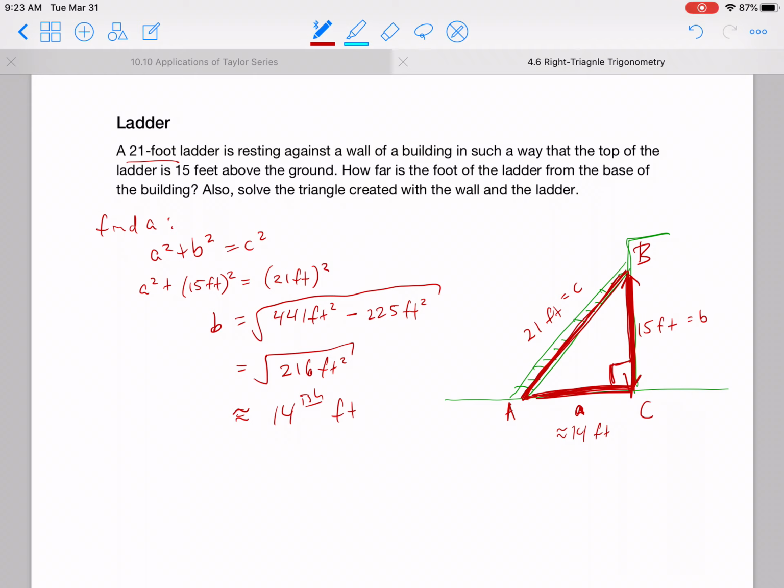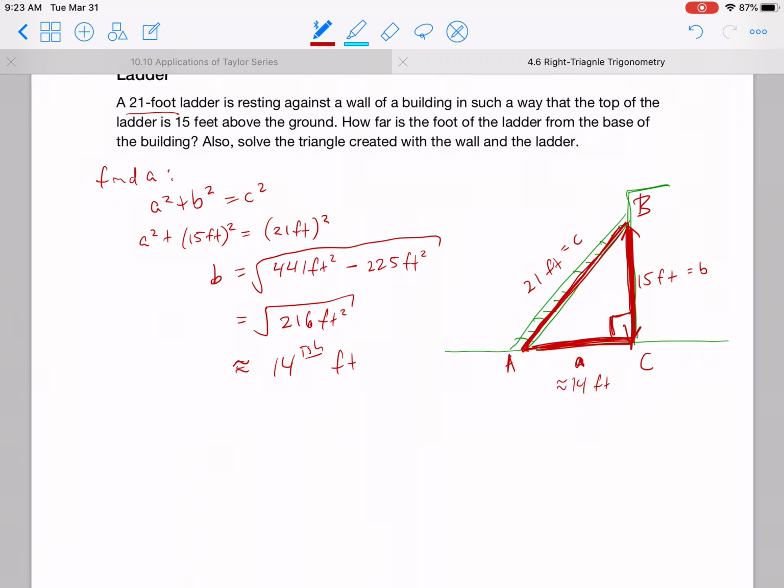And then after that, it's also to solve the triangle. Well, that means we need to find the angles. So we have all the sides, so we can just start making relationships, like sine of A, that angle there, if we want to find that, is going to be the opposite side over the hypotenuse. So that's going to be the 15 feet over the 21 feet, and the feet will cancel.